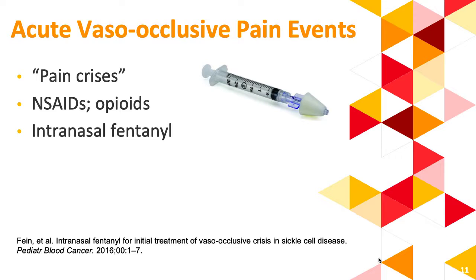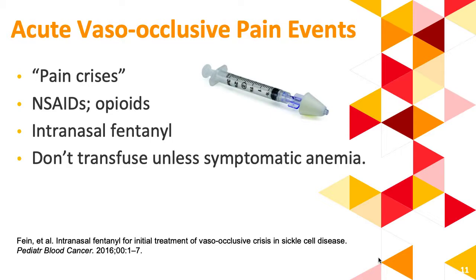Additionally, if you have a sickle cell patient who has really hard IV access, which is often the case, intranasal fentanyl is a great way to get them some pain medicine, at least until you can get an IV, or maybe you try not to get an IV at all. Okay, any questions about that? On the internet they're like $10 or $12 per atomizer, which is ridiculous for what it is, but yeah.